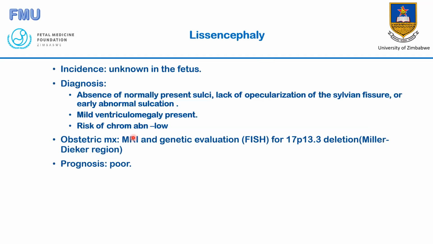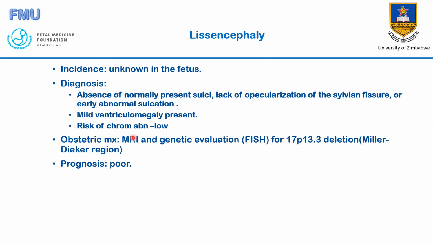Lissencephaly. The incidence is unknown, and this is an absence of the normal sulci and lack of opercularization of the Sylvian fissure, or early abnormal sulcation. So how can we identify it? You remember we talked about the Sylvian fissure last week, that the gap of the Sylvian fissure should always be seen.